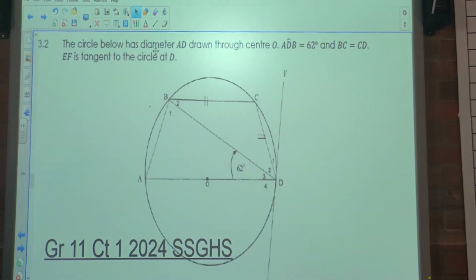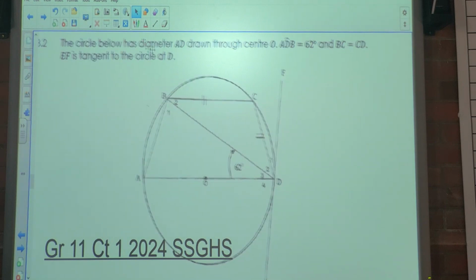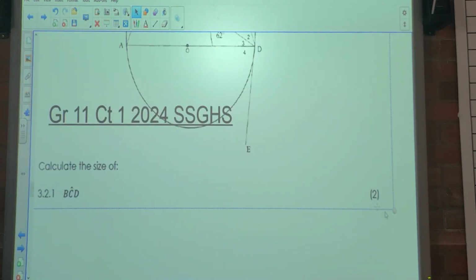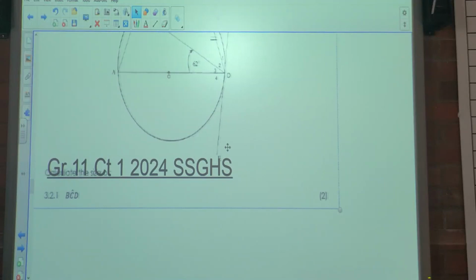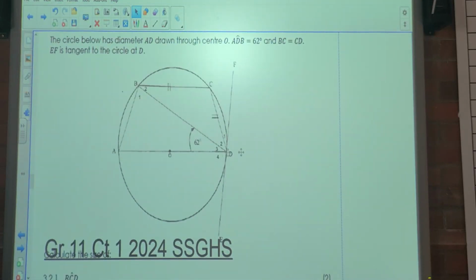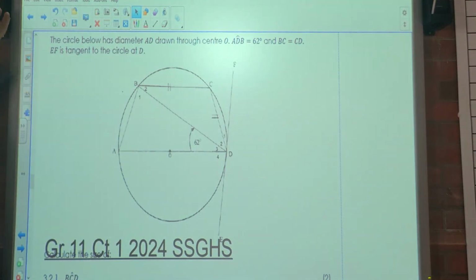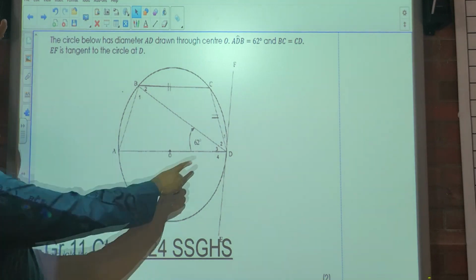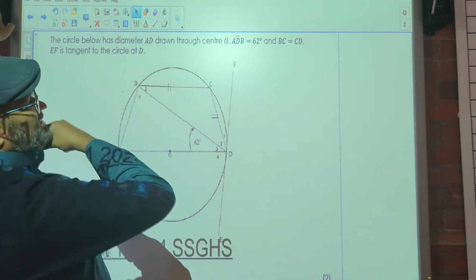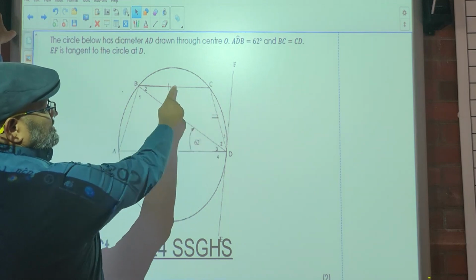Next question, 3.2. We are told that the circle below has a diameter AD. People, if that's your diameter, what do we know? That B1 is 90 degrees. Drawn through circle O, ADB is 62 degrees, and BC is equal to CD.